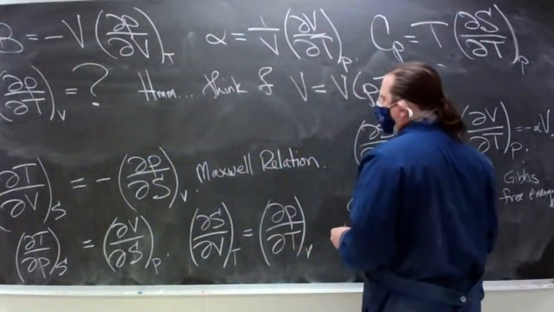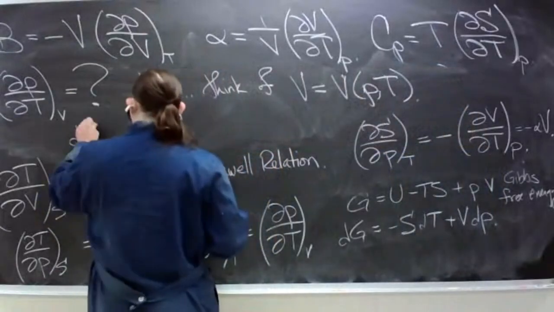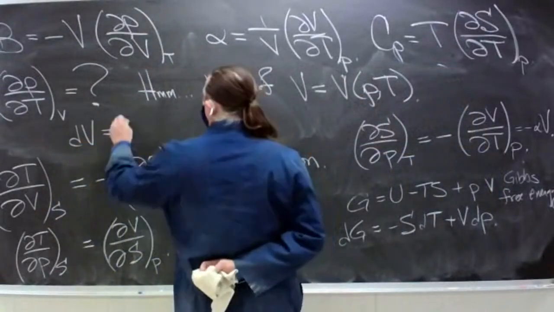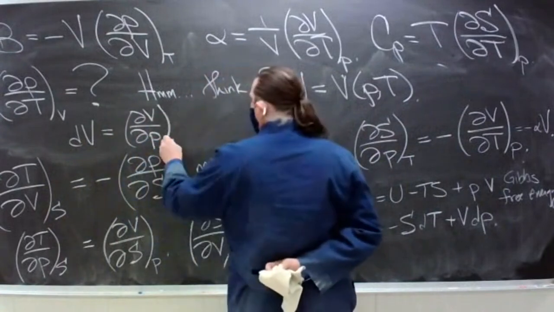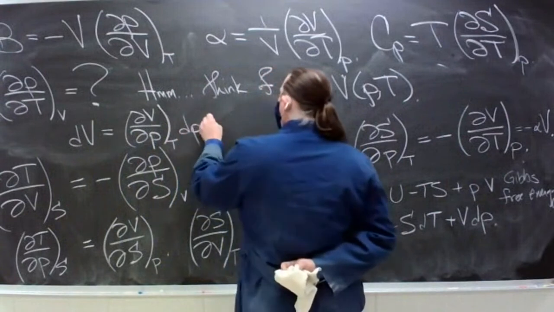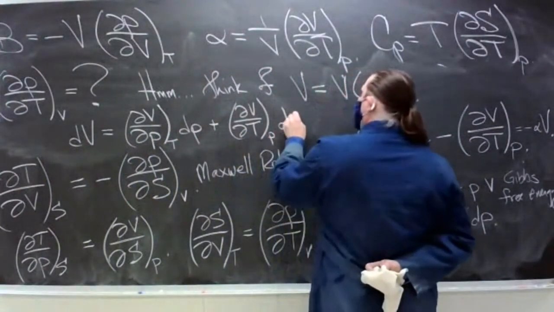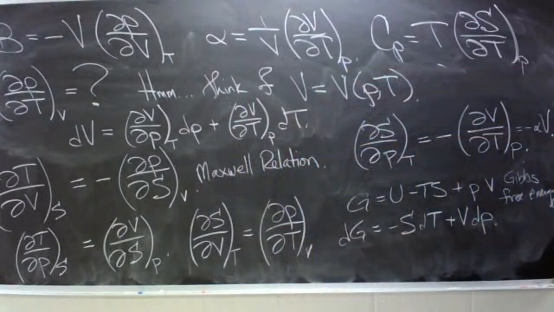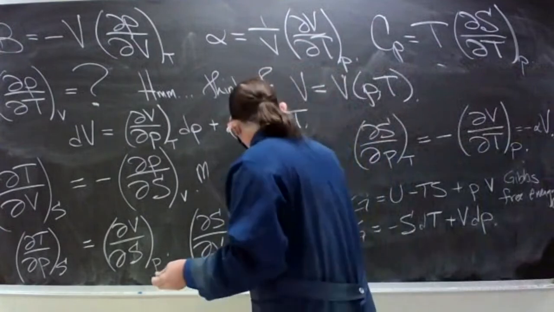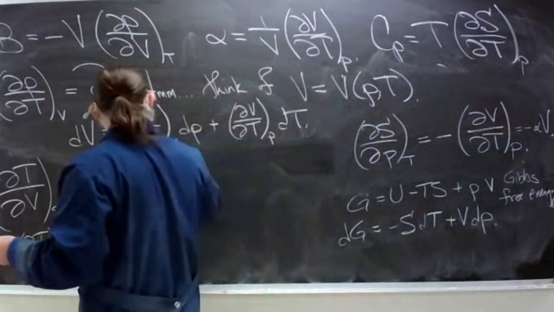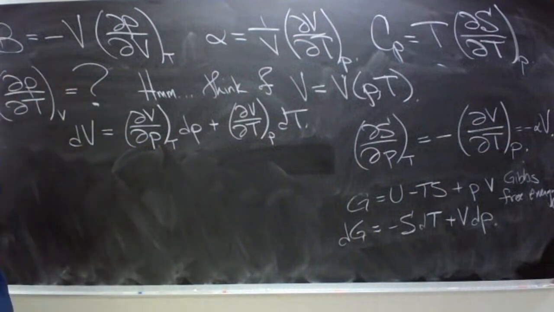So what would this mean? Well, dV would be that, right? If the volume was thought of as a function of the pressure and the temperature, then we would get these two derivatives.